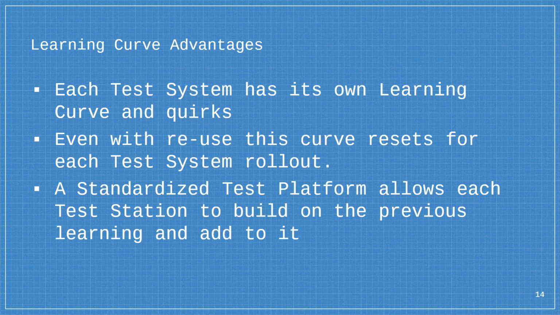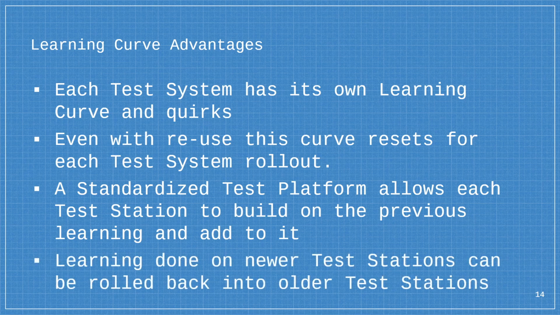People have been testing the interfaces. People have been testing the instruments. And so you're starting on a much higher portion of the learning curve than if you were just doing a one-off implementation. And then anything you learn on top of your test station, on top of your new product, can be done and then could be potentially rolled into other test stations.